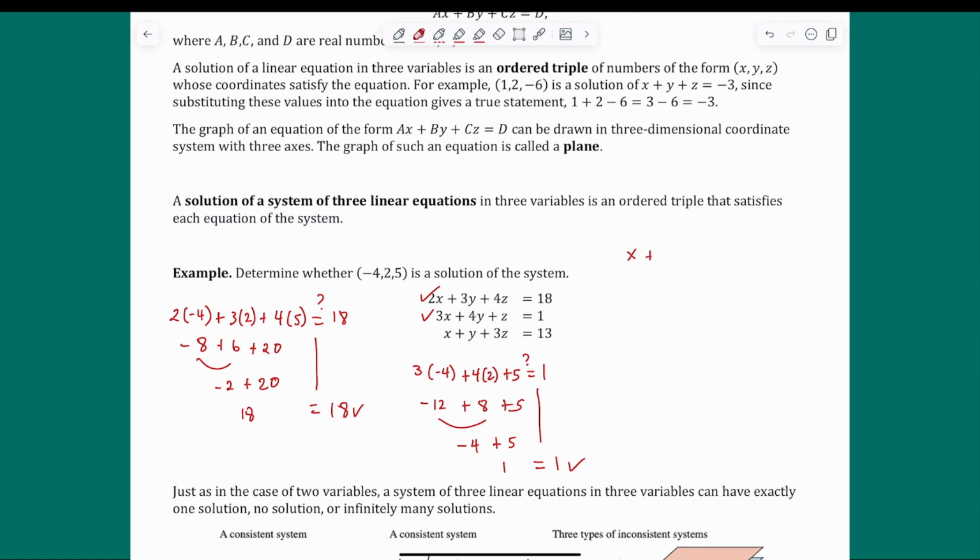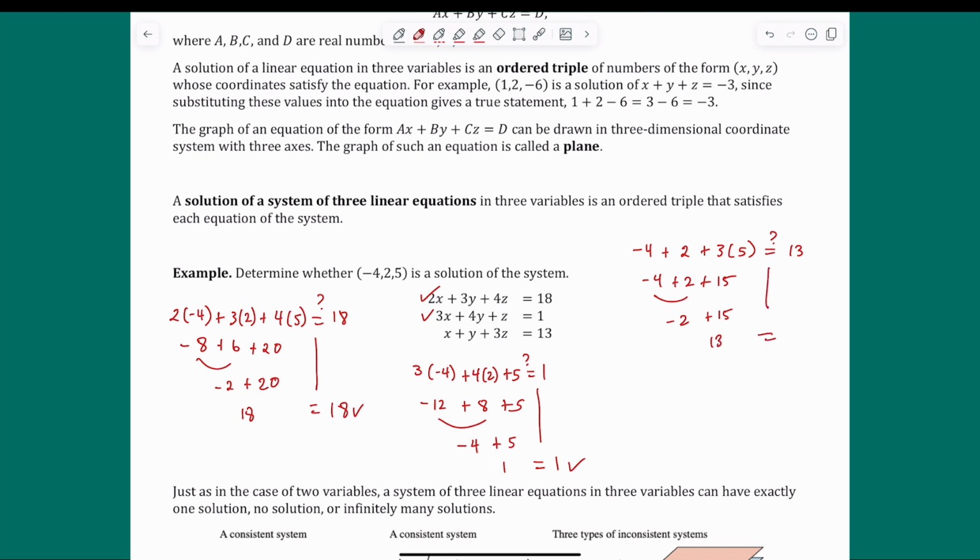Now the third equation here, x + y + 3z = 13. Well, what do we have? We have -4 + 2 + 3 times 5. Does this add up to 13? By the order of operations, we do the multiplication first, so we'll write this step here to get 15. -4 + 2 gives us -2, and then plus 15 gives us 13.